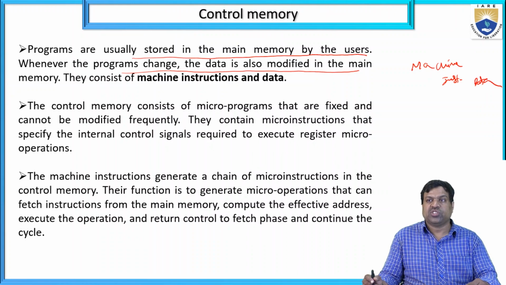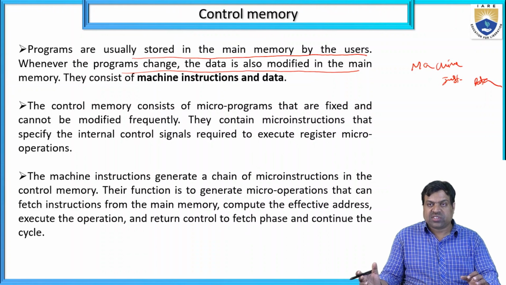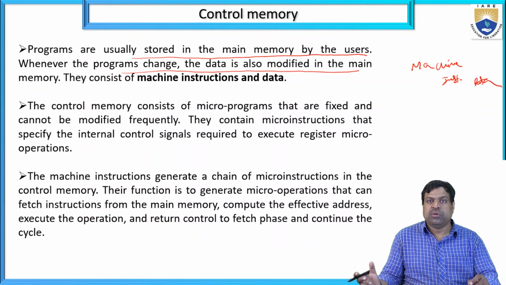The control memory consists of microprograms that are fixed and cannot be modified frequently. They contain micro instructions that specify the internal control signals required to execute register micro operations. So, like these micro operations, we have to follow the instructions.